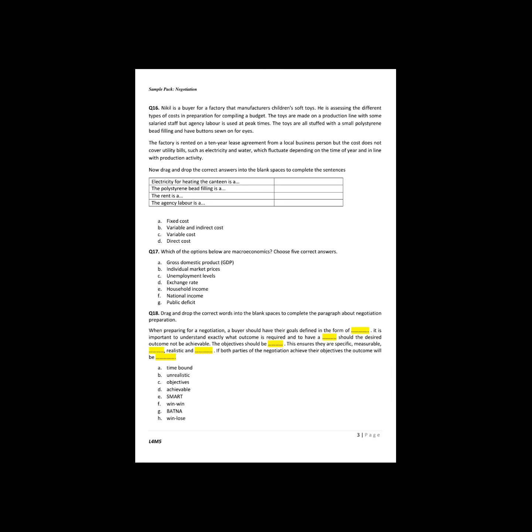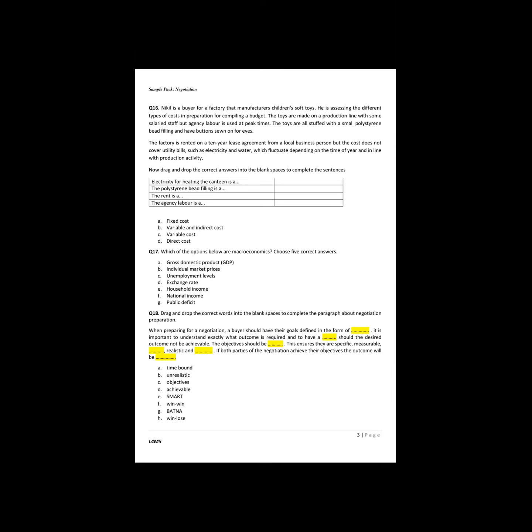That one is variable. Is it direct or indirect? It's indirect. Okay, don't worry. That one is straightforward variable cost. Electricity is also variable cost.